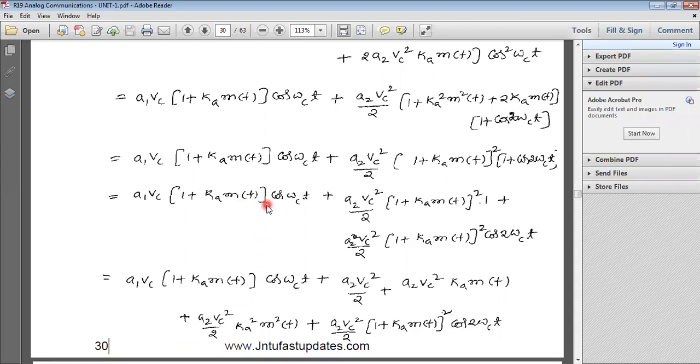This is the first term as it is, plus our next term A2 Vc square by 2, plus A2 Vc square Ka m of t, plus A2 Vc square by 2 Ka square m square t, plus the last term, which is the same as it is: A2 Vc square by 2 (1 plus Ka m of t) whole square into cos 2 omega ct.